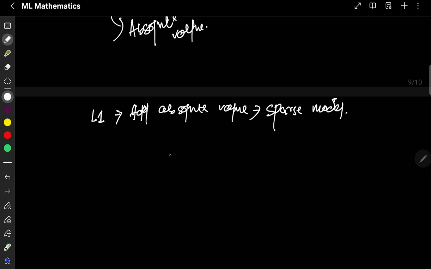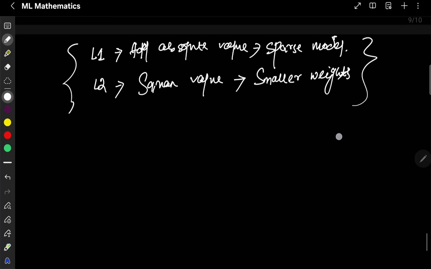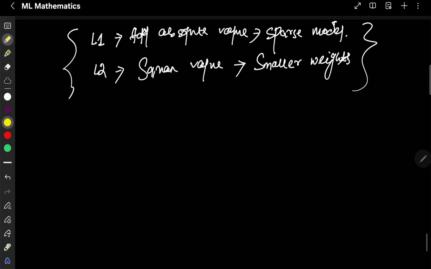Hopefully you understood the English meaning of sparse. And when it comes to L2, we add the square value, and that model will have smaller weights. This is the easiest way to understand why we are learning these concepts and how they will be used. Only one more concept remains in vector operations, which is called the unit vector.